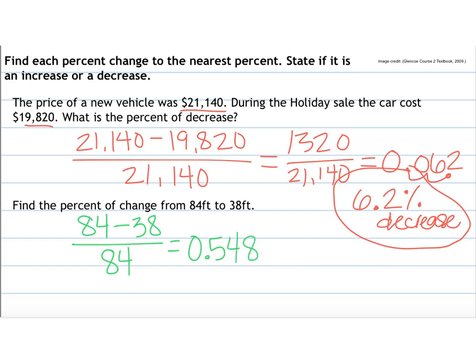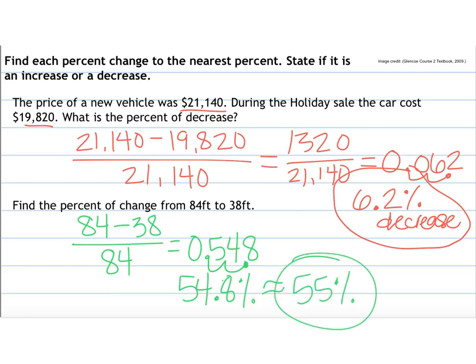I'm going to round it to the nearest thousandth, but you could do hundredth, but then I go over to the right 2, so then I end up with 54.8% or 55%. And then it says the percent of change, so I can see that it decreased, so we would say 55% decrease.